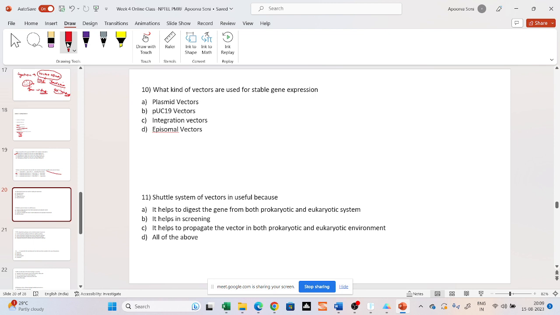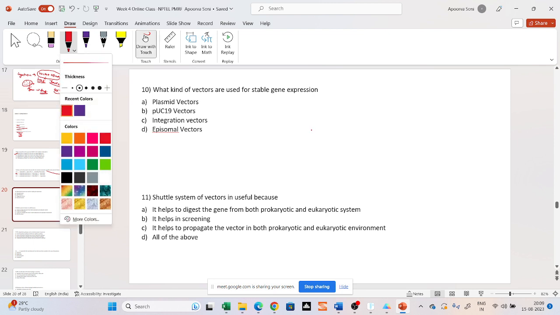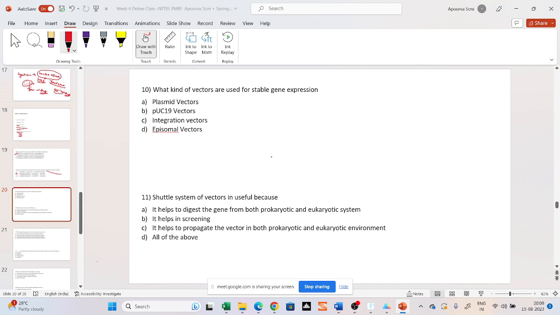The two kinds of gene expression are transient gene expression, and the second one is stable gene expression. So what is the meaning of transient and stable? Suppose this is your host and this is the host DNA.